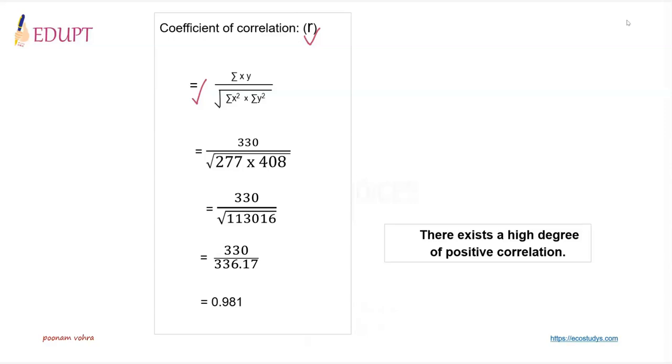We have found that summation of xy was 330, summation of x square is 277, and summation of y square is 408. By calculating the values, one gets 0.981 as correlation. 0.981 implies there exists a high degree of positive correlation.